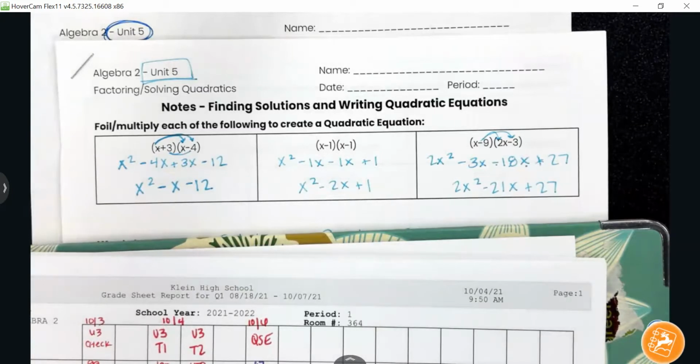Take about 30 more seconds to multiply and then look up and check your answers.